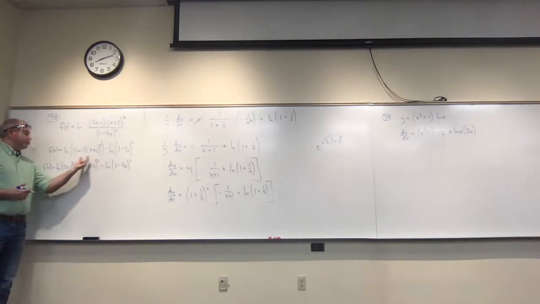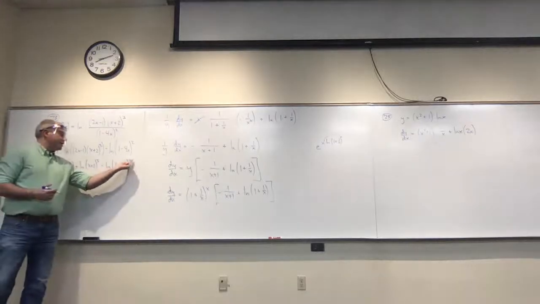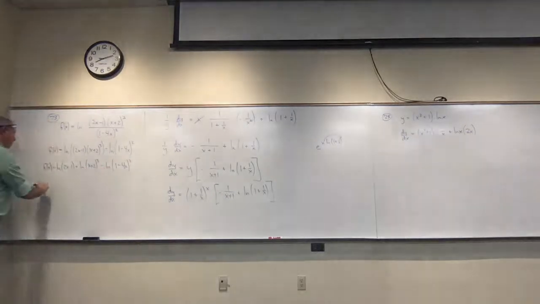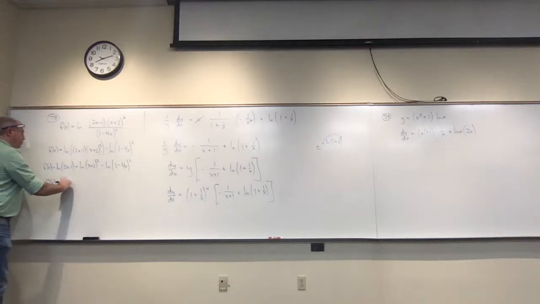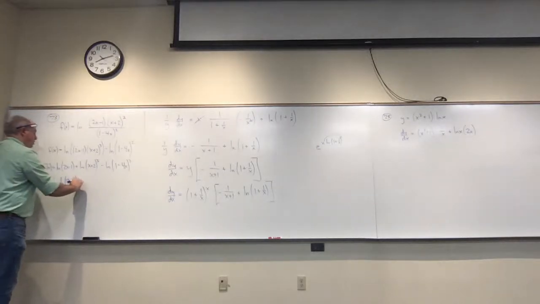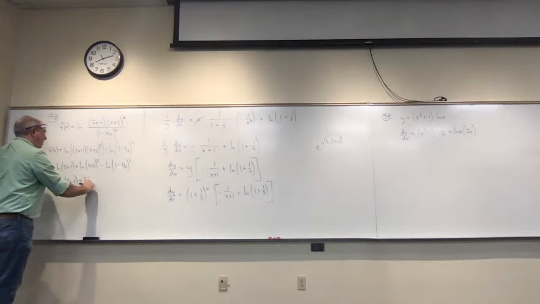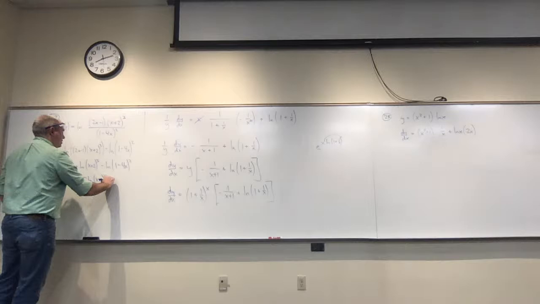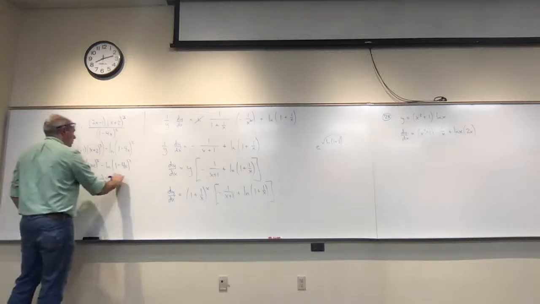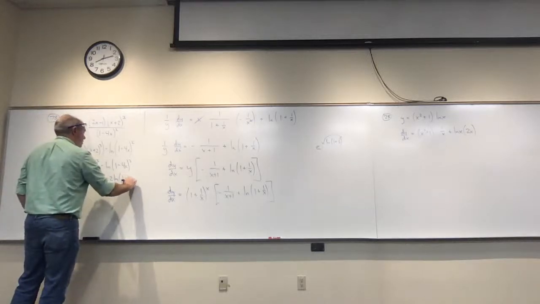So I could take the 3 out in front of the ln, and the 2 out in front of the ln. If I did, I get f of x is equal to ln (2x minus 1) plus 3 ln of (x plus 2) minus 2 ln of (1 minus 4x).